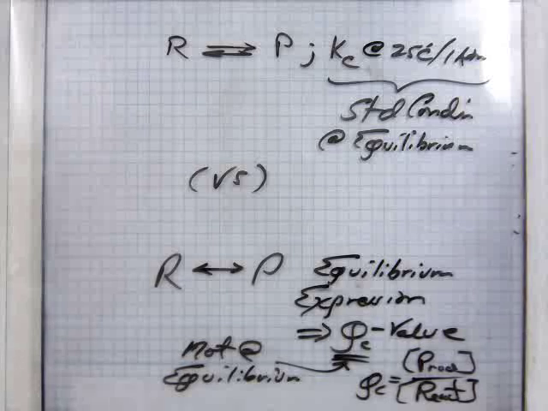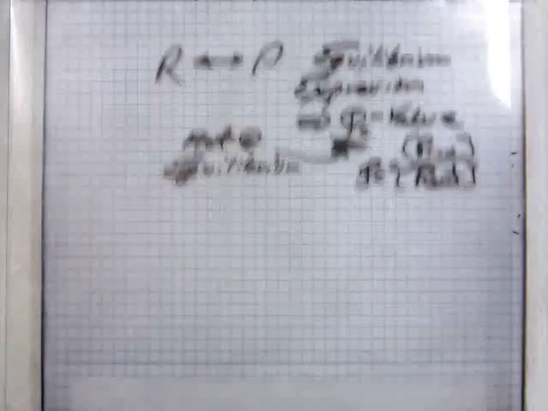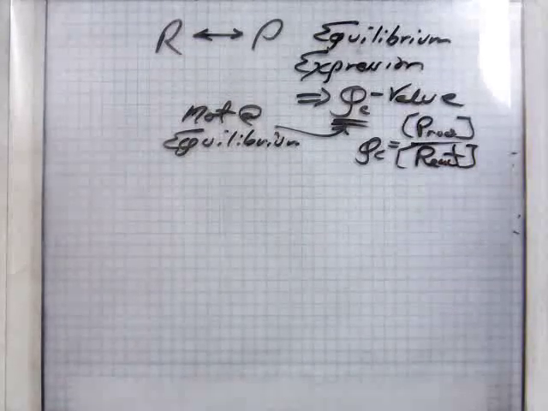QC is not equal to Kc. It's either greater than or less than. In some cases, it turns out to be equal, as in the problems here, which means the QC is the Kc, and that's equilibrium. Well, to determine the nature of shift, you compare Kc with QC from the data that's given.